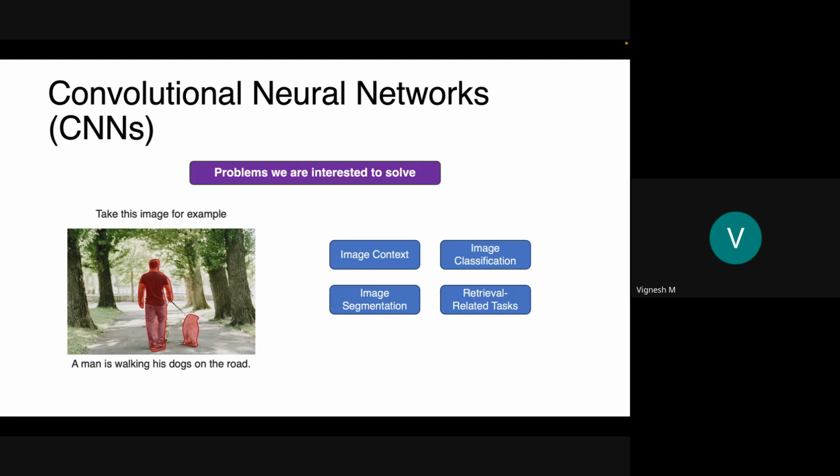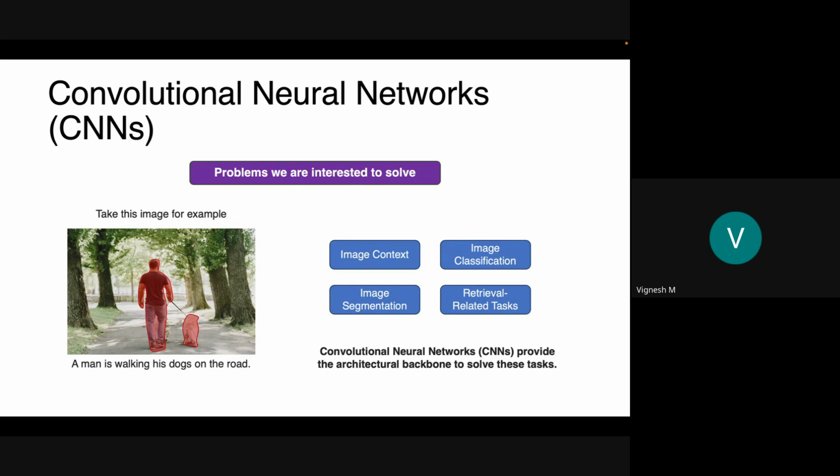So in essence, this problem has been tackled in computer vision for a long period of time. Around the 1980s, they came up with architectures to solve this particular problem, and what CNNs gave was this architectural backbone to get from an image the context, classification, segmentation, and all that.